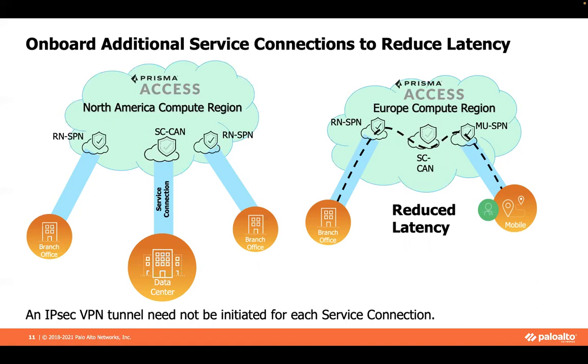This is going to give you much better performance when that mobile user is talking to the people in the branch office in the remote network. It's going to reduce latency, and you can simply use that corporate access node basically as your internal router to get traffic back and forth.